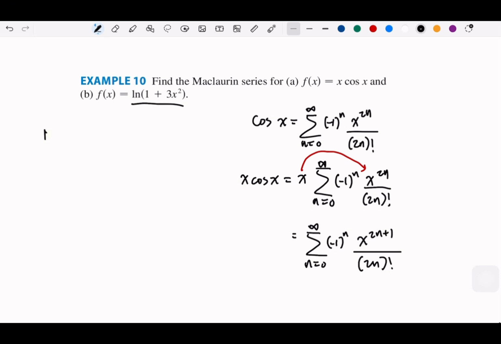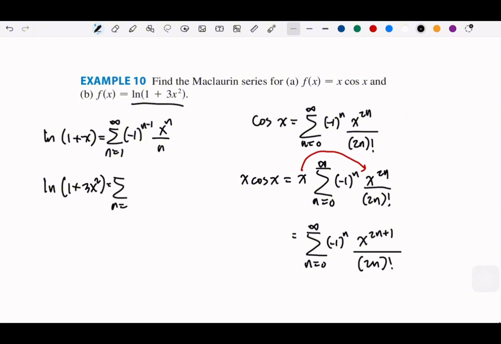Which means we can do the same thing with the ln. So ln, the original series is from the ln 1 plus x. So what we can do is we can write, taking this, okay. Now we can exchange the x with the 3x squared. Okay. So for the 1 plus 3x squared, basically we change every x with the 3x squared.